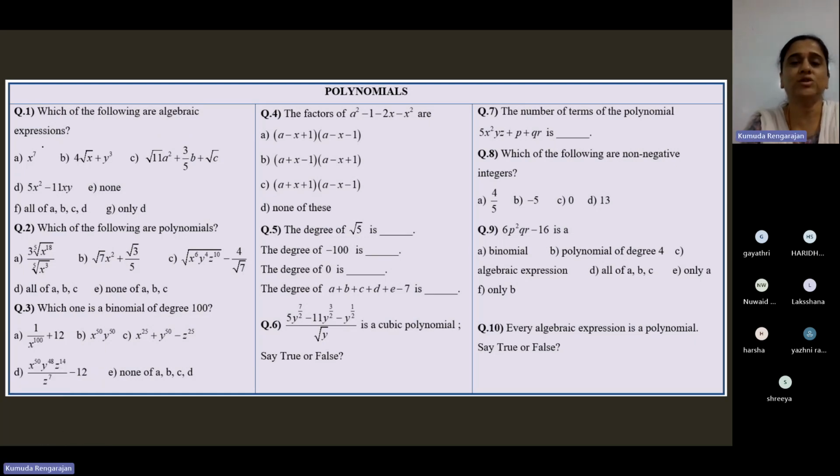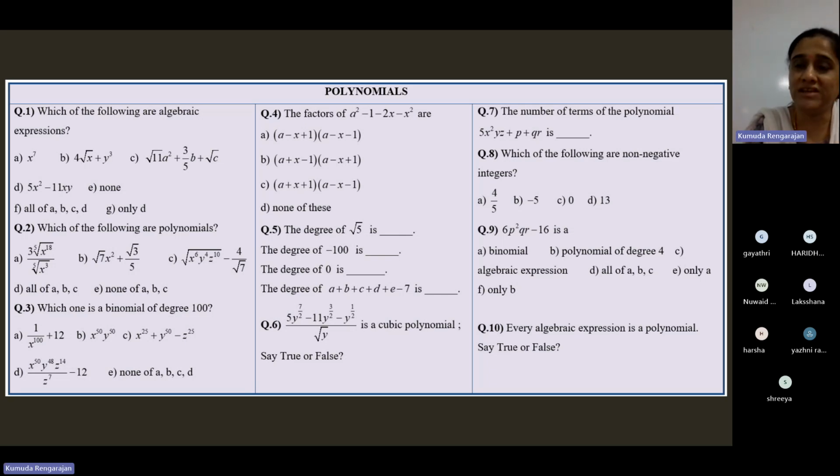So, what is the definition of an algebraic expression? An algebraic expression is a combination of constants and variables connected by some or all mathematical operations.